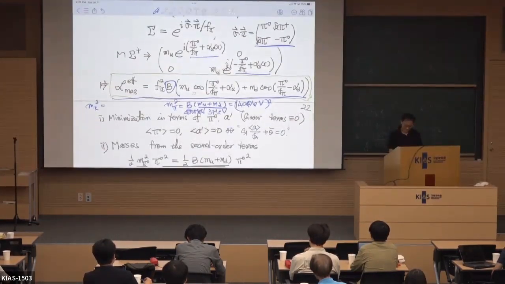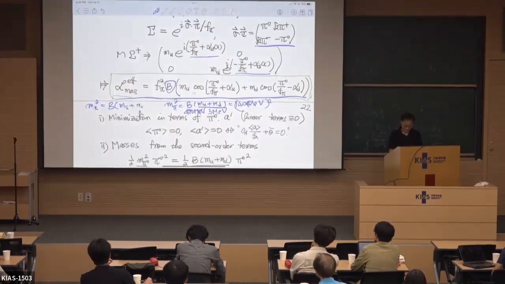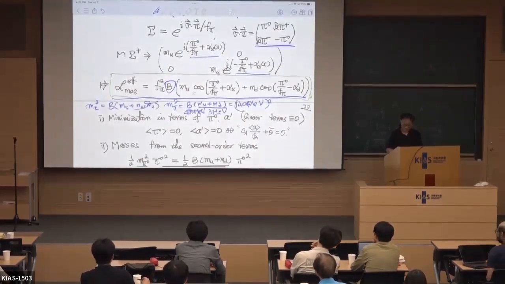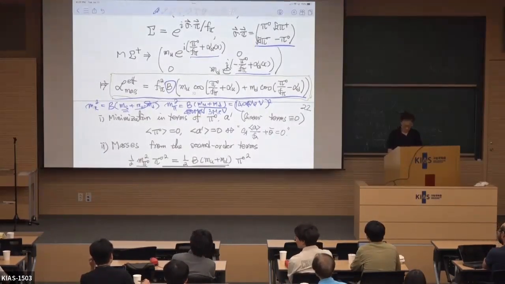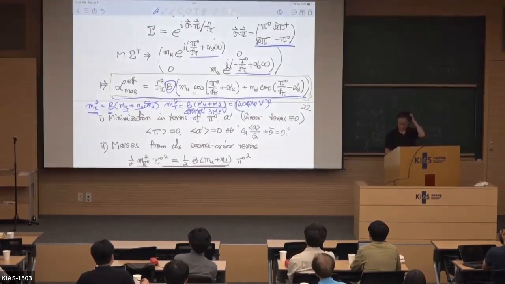So the kaon mass squared goes like B times (m_s plus, I don't know, some m_u minus m_d or whatever). I just ignore this small contribution. So m_s was what? 100 MeV? Yeah. Then you plug in the same number, and you reproduce the measured kaon mass. The same story for the eta. So this was the success of this kind of effective field theory of QCD, which is called chiral perturbation theory.